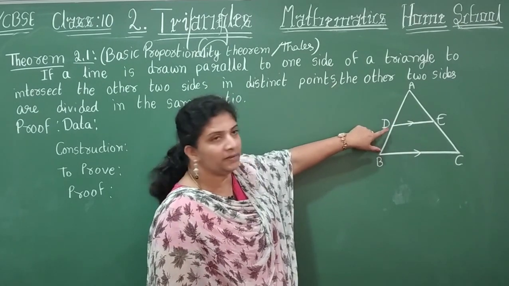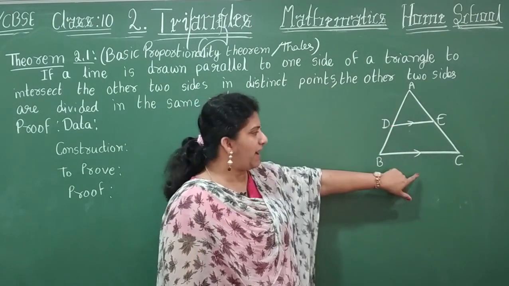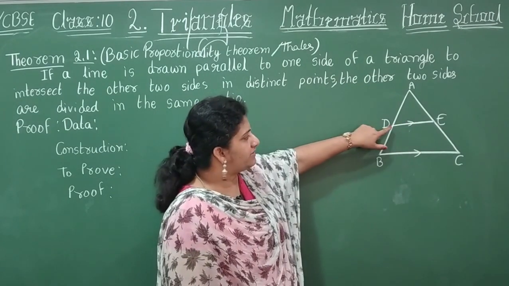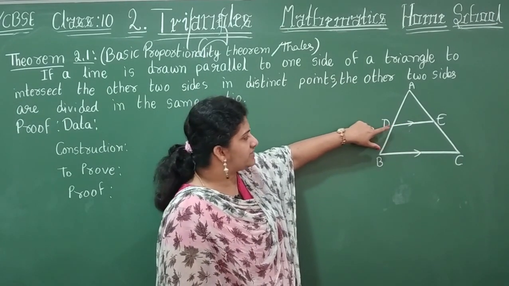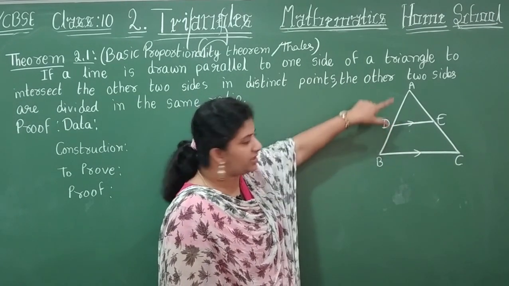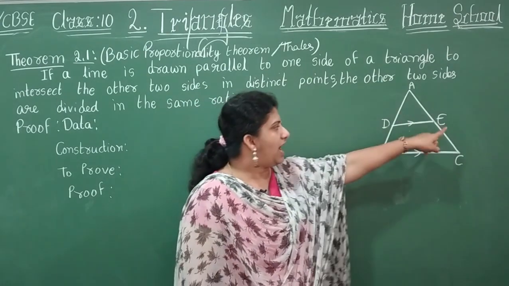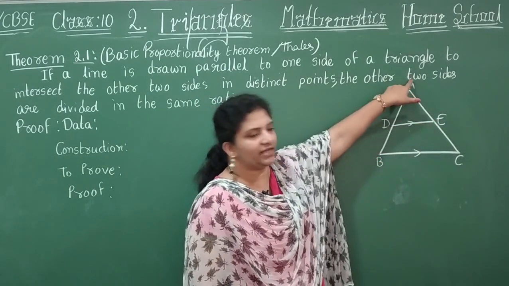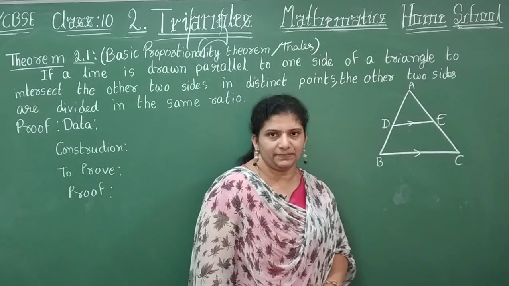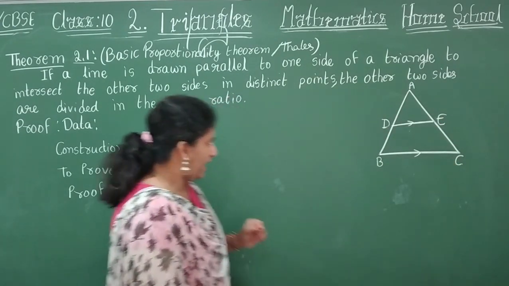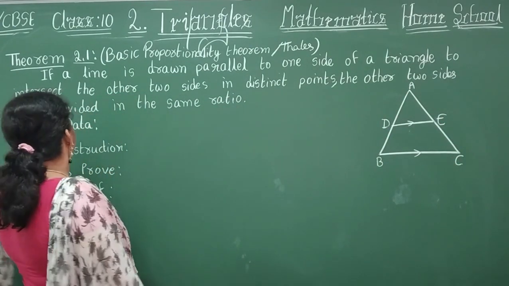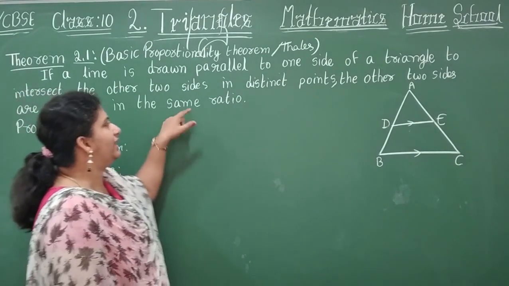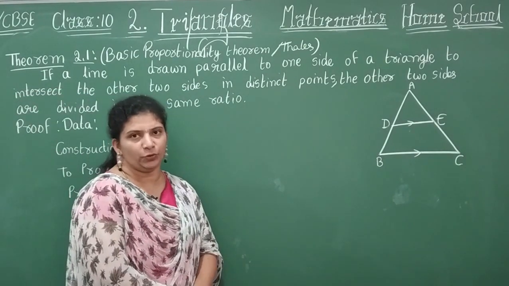Have you observed? This line is parallel to BC, and its end point touches AB at D, and E is the point where it touches AC. So now the other 2 sides are divided in the same ratio.